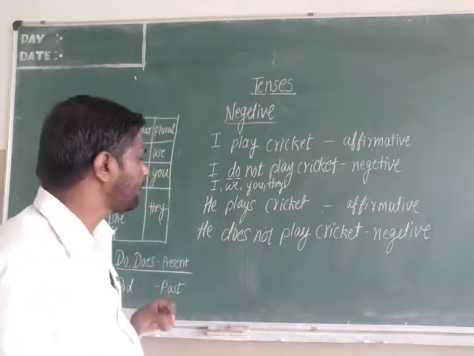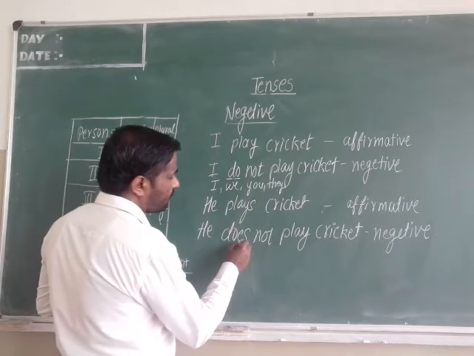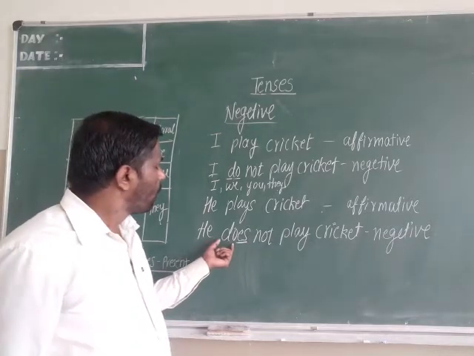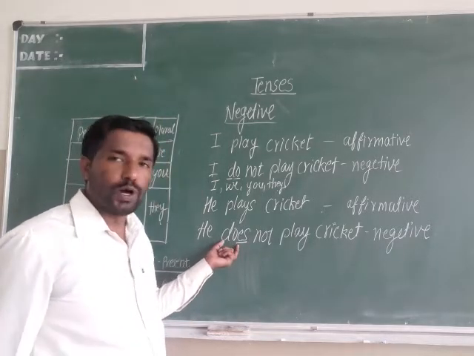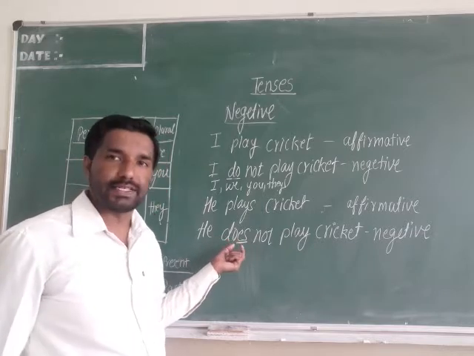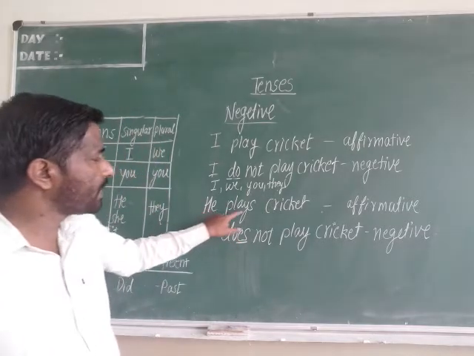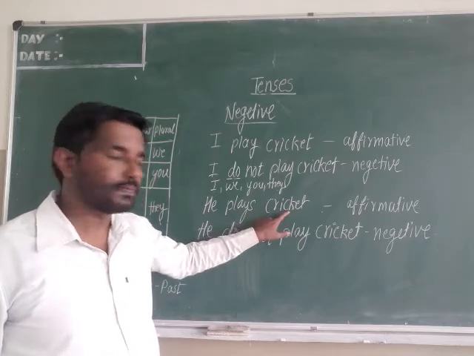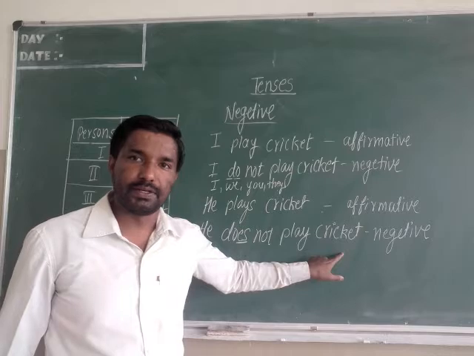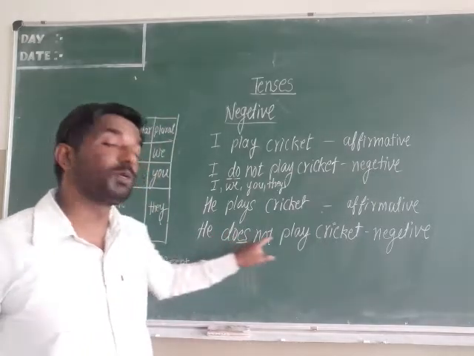But when it comes to the matter of he, she, it, you have to add es for the verb do. Okay, for the do you have to add es. See here, he plays cricket. It becomes what? He does not play cricket. You can't say here he don't play cricket.